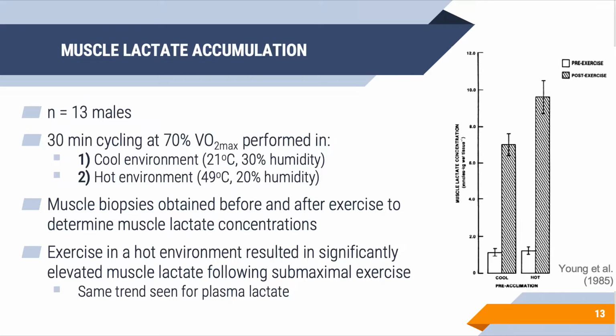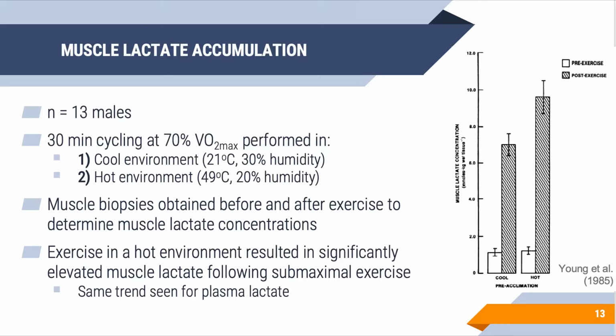So they did 30 minutes of cycling at 70% VO2 max, so a high aerobic intensity exercise. Again, the cool environment was 21 degrees C, 30% humidity. The hot environment, 49 degrees C with low humidity of 20%. They took muscle biopsies before and after the exercise to determine changes in muscle lactate concentrations.